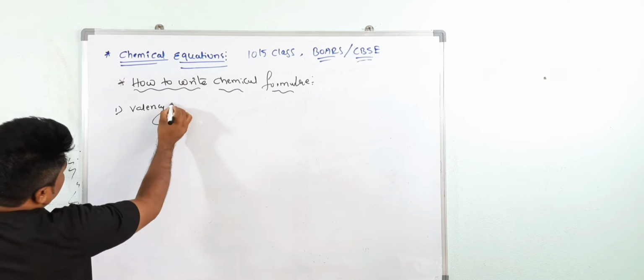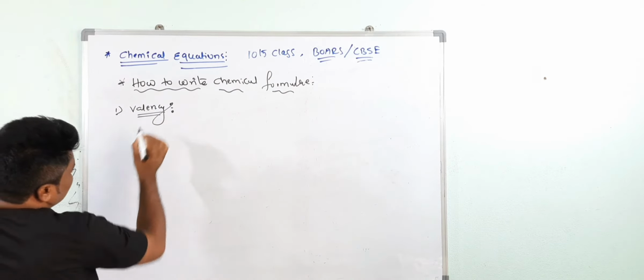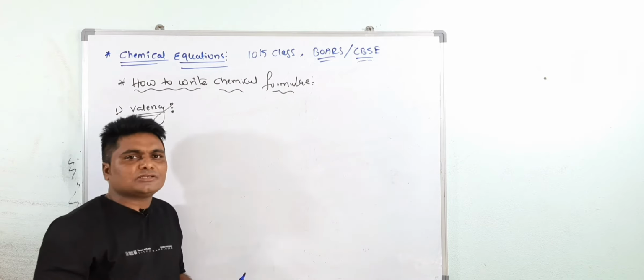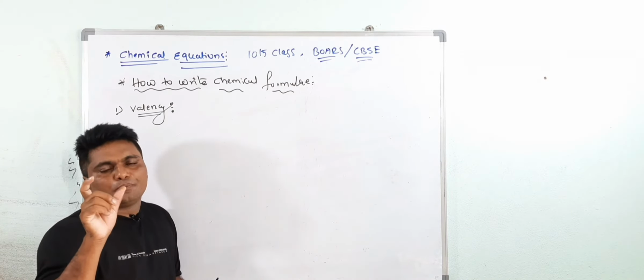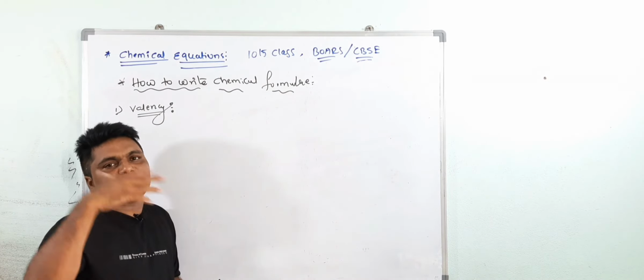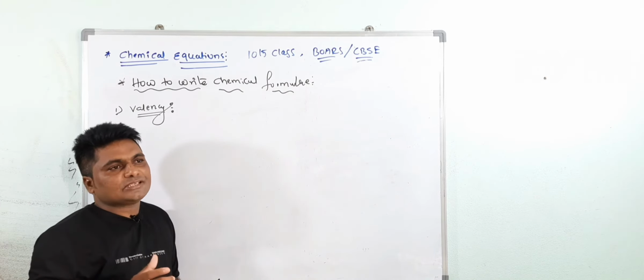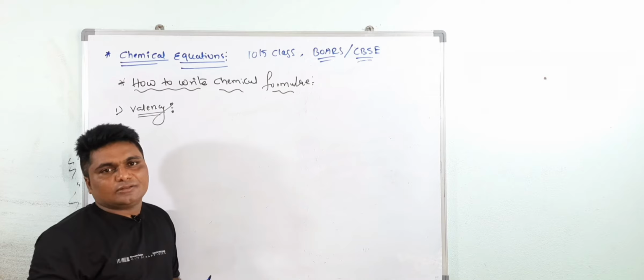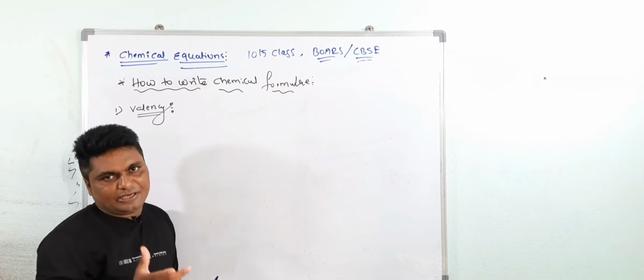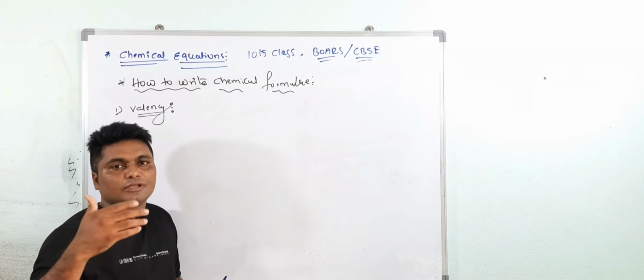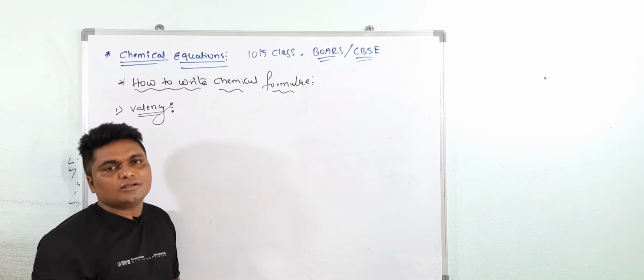You already studied in the 9th standard. Valency means every element has some particular capacity to bind with other elements. So that is called valency. It is very simple. The binding capacity of an element with other elements is known as the valency.